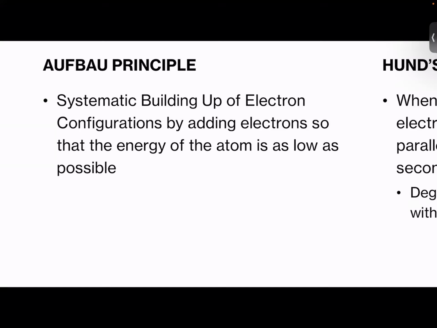The Aufbau principle is the systematic building up of electron configurations by adding electrons so that the energy of the atom is as low as possible. In other words, we add the electrons in the lowest energy level first, and we slowly build up, adding electrons higher and higher in energy.